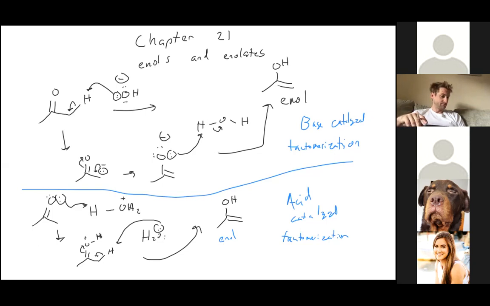So for instance, our ketone is actually going to be our most difficult thing to deprotonate, as its pKa is around 19, versus an aldehyde, which is a little bit more acidic.